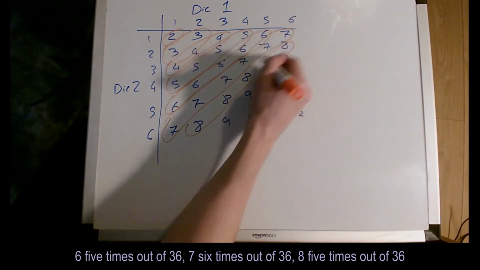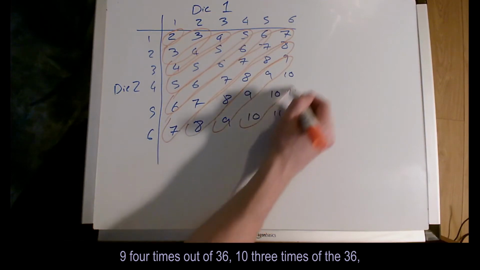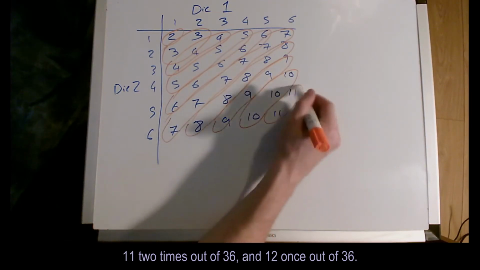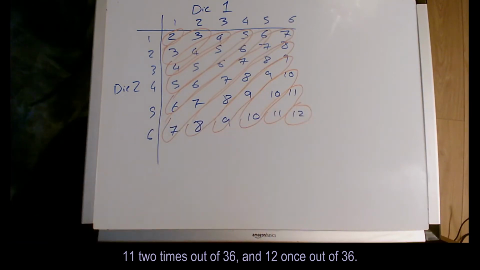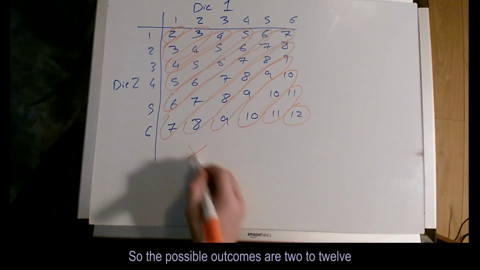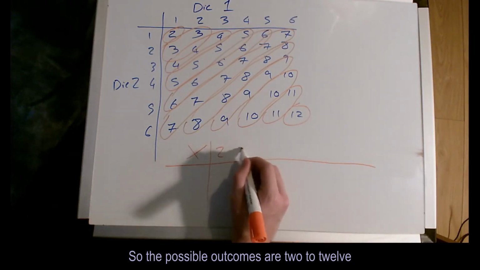8, 5 times out of 36. 9, 4 times out of 36. 10, 3 times out of 36, 11, 2 times out of 36, and 12 once out of 36. So the possible outcomes are 2 to 12.